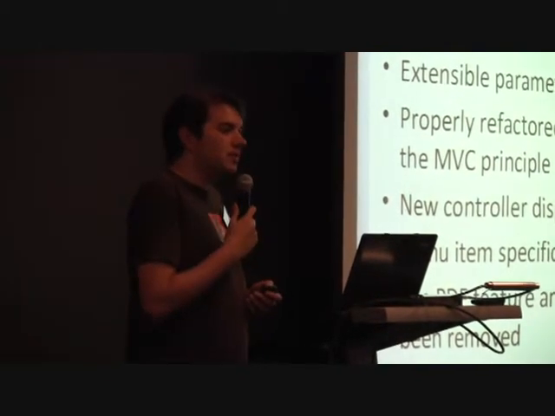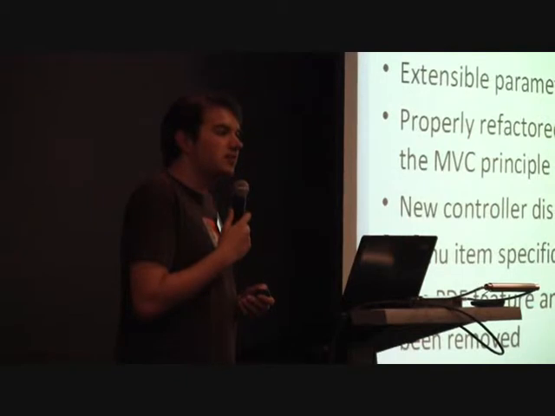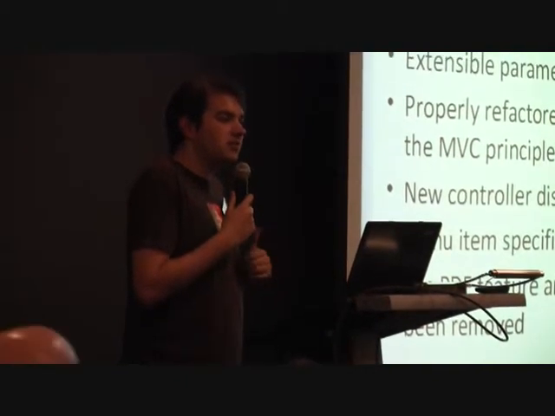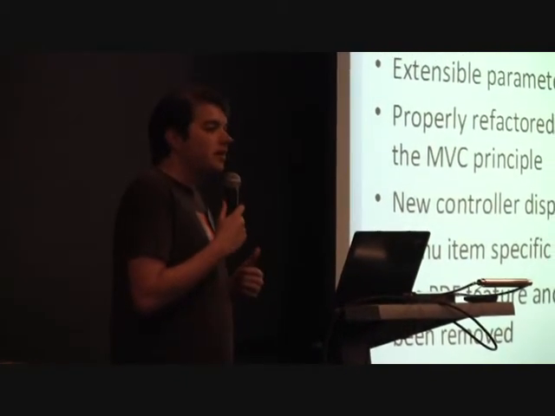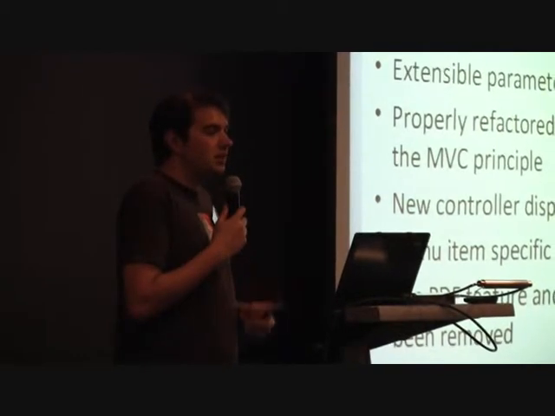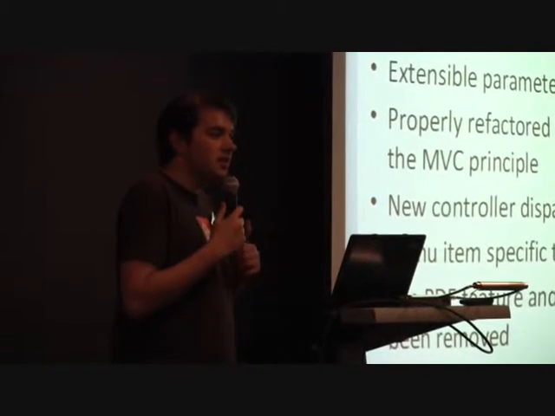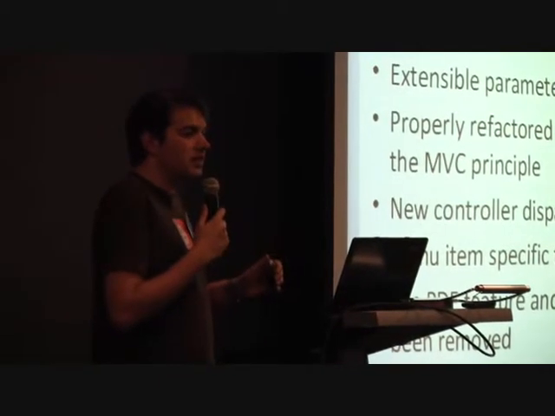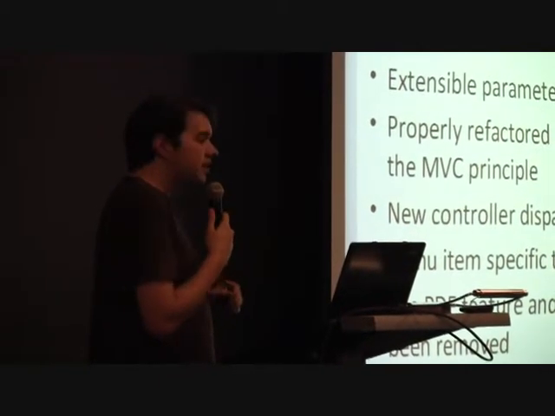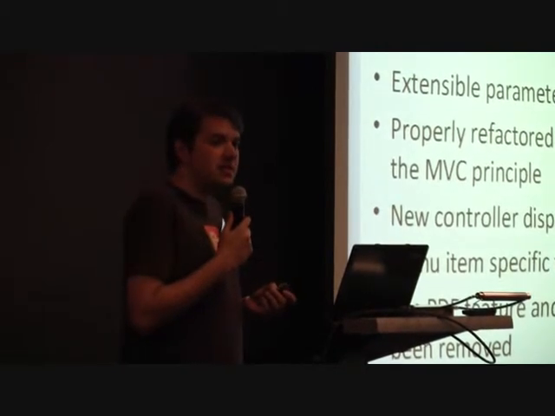Something else, in 1.6 it's possible to have more than one parameter set for a template. At the moment, when you create a template, you can save those template parameters only once, and that's for the whole site. In 1.6, you can have as many parameter sets as you want.